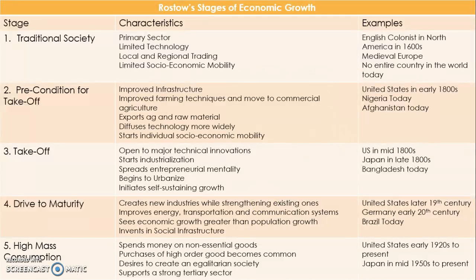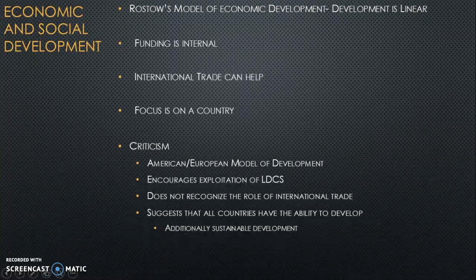And so while it's not all positive, there are some criticisms of this model as well. First of all, you can only look at it at the scale of a country. You can't really look at it at any other scale. So it's a country as a whole. While international trade can help, it doesn't really look at that as a major factor when most places in the world are focusing on more and more international trade. The biggest part is that it encourages exploitation of LDCs.